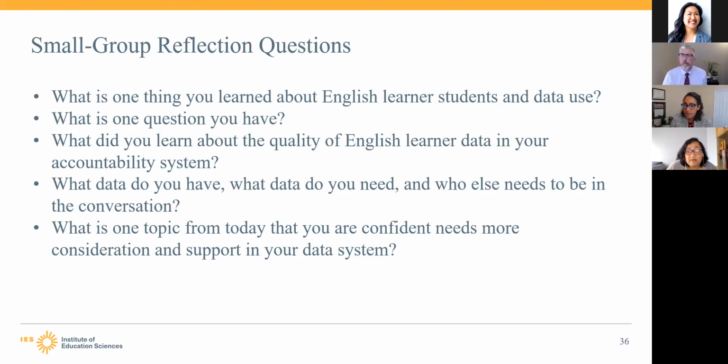So we just chatted about a few examples, the Hawaii Department of Education being one of them. They had an API data disaggregation grant. And just a few other districts that are doing that well.